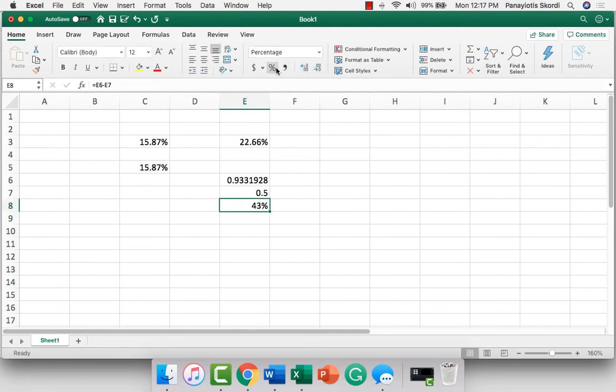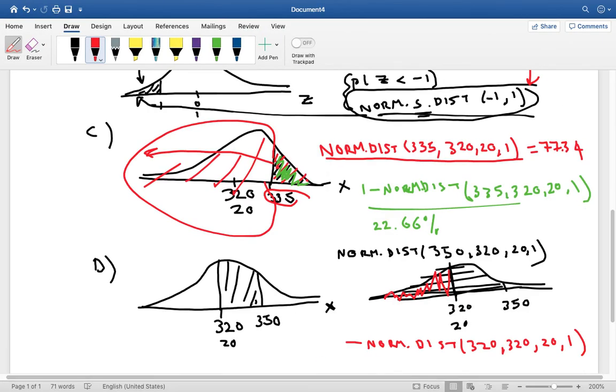So the answer is 43.3%. We can press the percentage, we can take it to 2 decimal places, so 43.32% is the answer. So the area in here is 43.32%. The reason I said the second part of the calculation is going to be 0.5 is that it's exactly half the distribution.